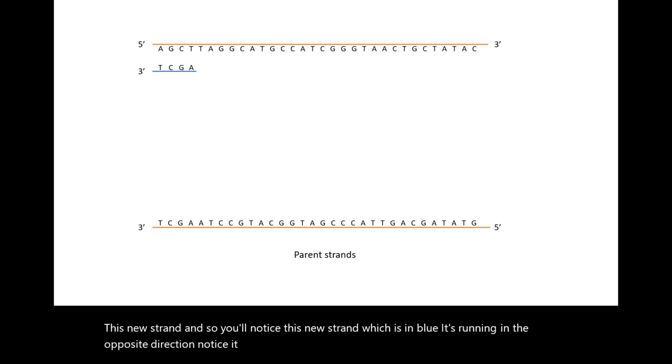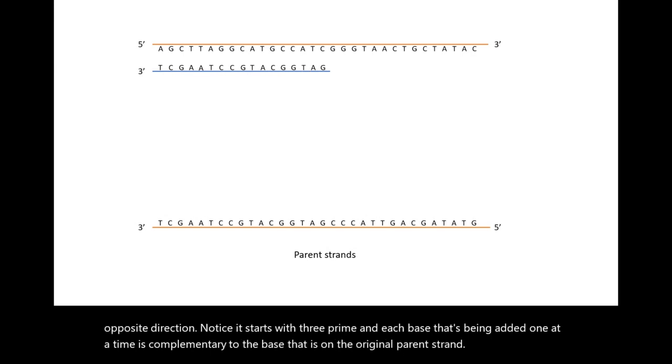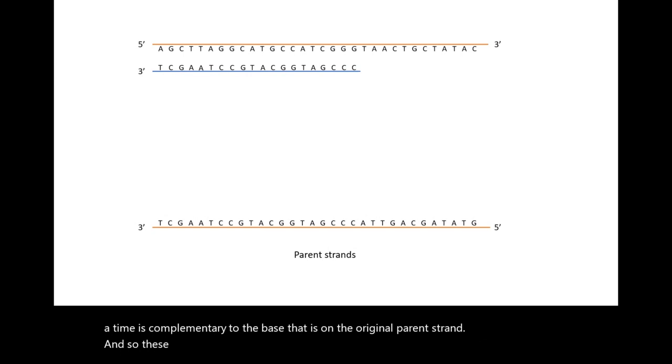Notice it starts with 3', and each base that's being added one at a time is complementary to the base on the original parent strand. These nucleotides are just added one at a time until it gets to the end.